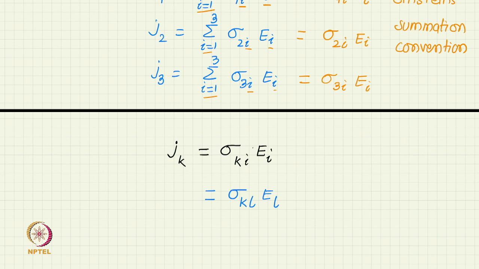So, L being repeated again indicates summation over L, and the variation of L is from 1 to 3. So, you get the same expression. That is why these repeated indices are sometimes called dummy indices. You can replace them by any letter.